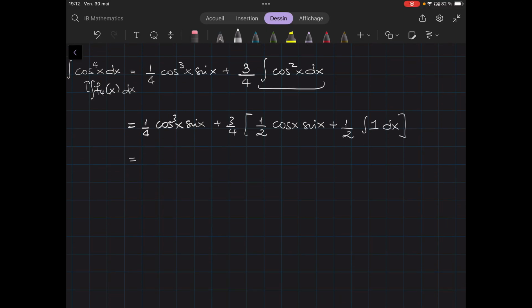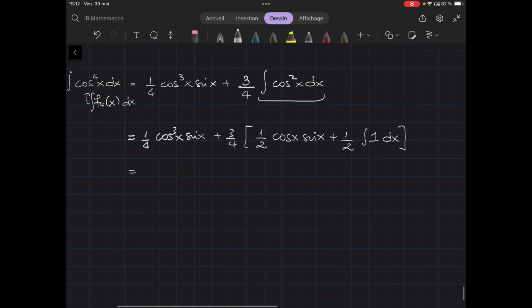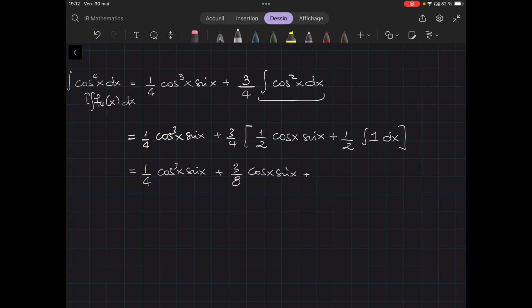So, the final answer, we would get 1 by 4 cos to the 3 of x sine of x plus 3 by 8 cos of x sine of x plus 3 by 8 times x plus constant. So this is your P, that is your Q, that is your R. End of question.